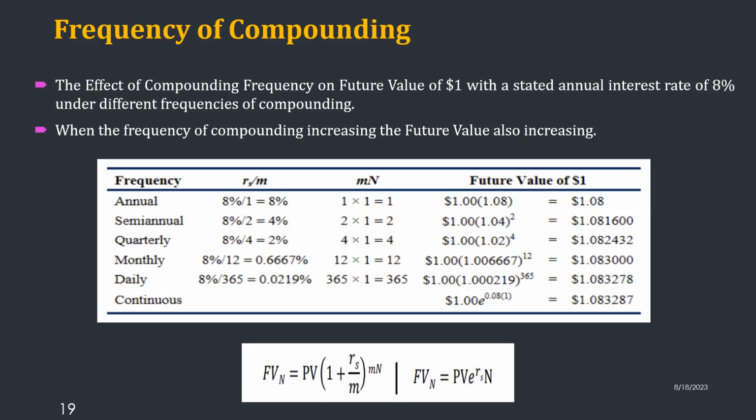When a scenario is given with continuous compounding, you should use the second formula: FV equals PV multiplied by e, where e is taken by pressing alpha and ln, to the power of R multiplied by n.